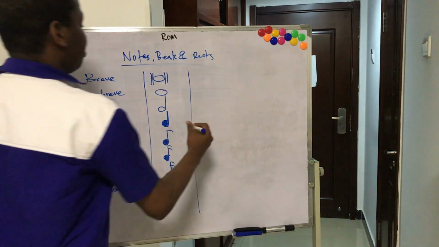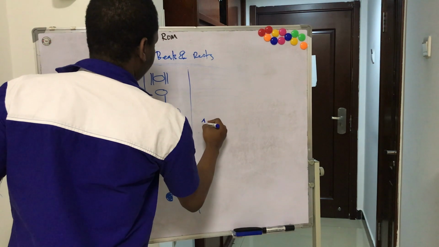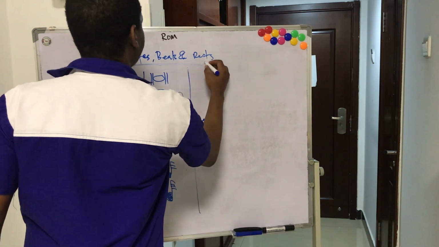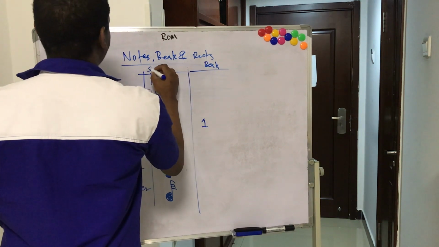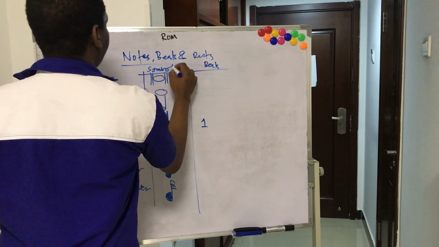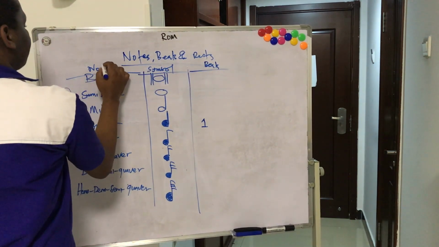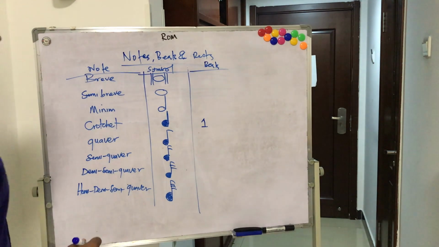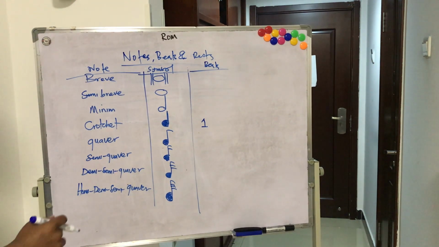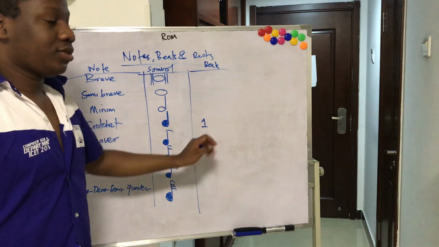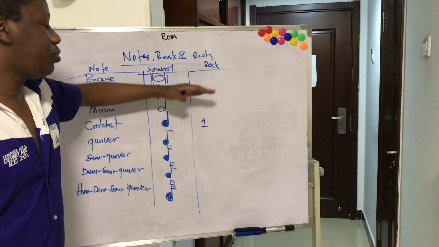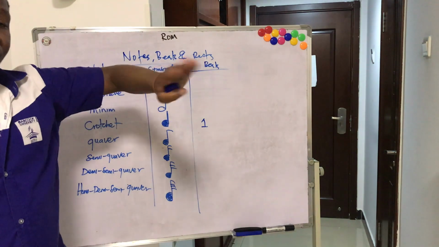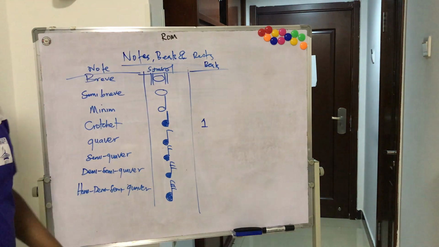So crotchet is 1 beat. This beat, this one is the symbol, and this is the note. So crotchet is 1 beat. Now all the ones on top of crotchet are doubled in number.